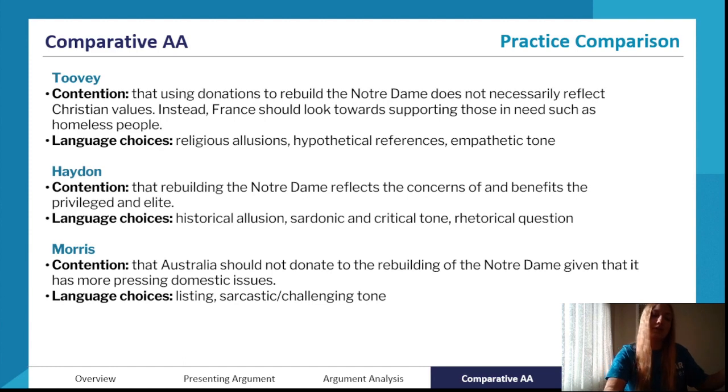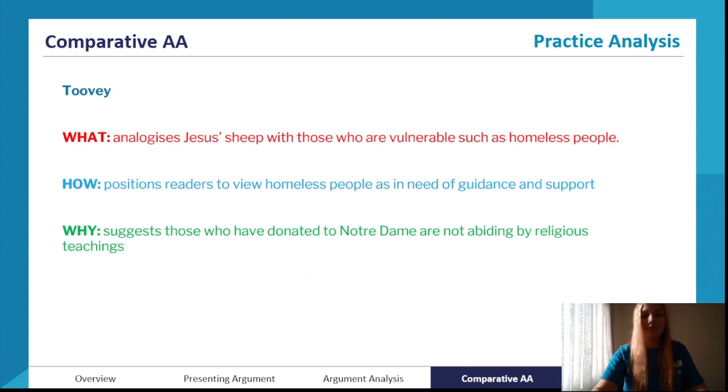Hayden was more referencing historical instances where the rich have always benefited from churches and other profitable ventures. There's a sardonic and critical tone. This is similar to Morris's sarcastic and challenging tone. Differences in persuasive language techniques continuing, with Hayden using rhetorical questions and Morris using listing, more so listing of all the problems in Australia. So that's a detailed plan.